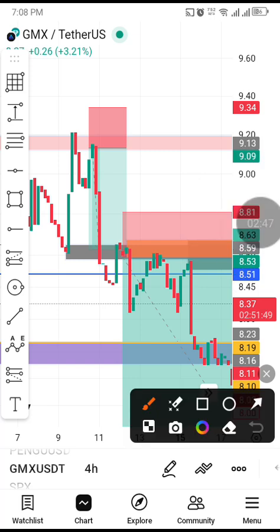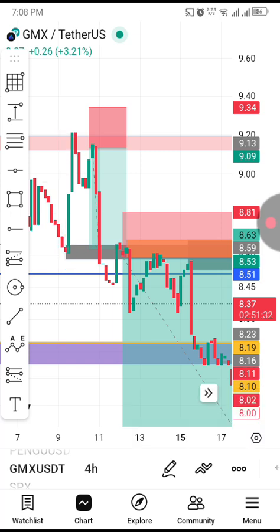You can see I saw that here there is a bullish engulfing pattern. So I traded this zone until I reached this area. For me, I don't fight for big profits. Sometimes I get out instead of just staying in the market.